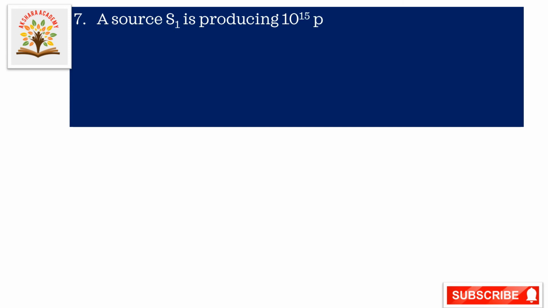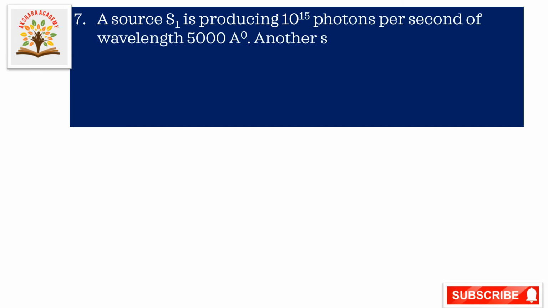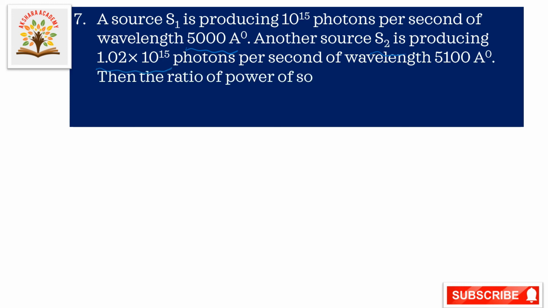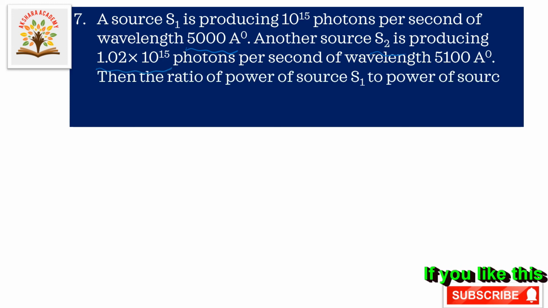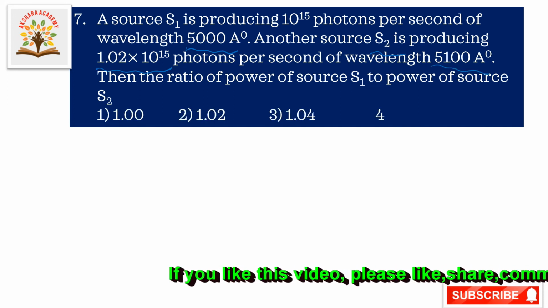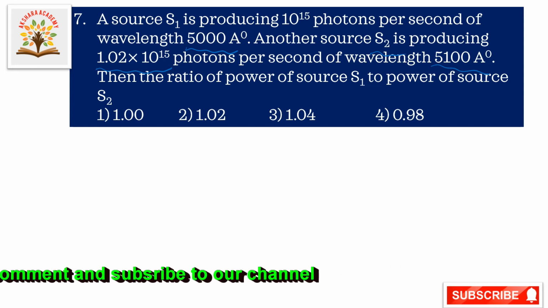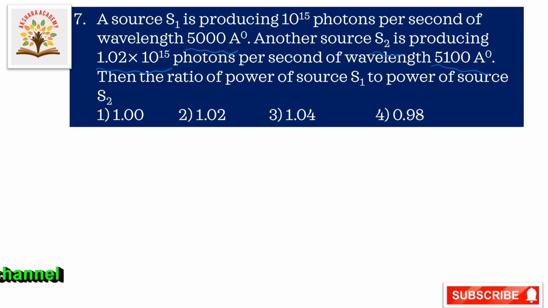A source S1 is producing 10¹⁵ photons per second of wavelength 5000 Armstrongs. Another source S2 is producing 1.02 × 10¹⁵ photons per second of wavelength 5100 Armstrong units. Now we have to calculate the ratio of power of source S1 to S2.